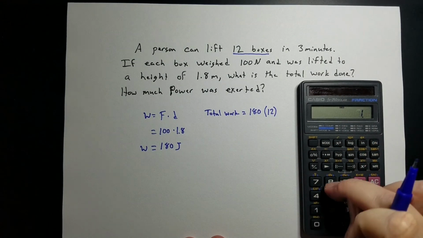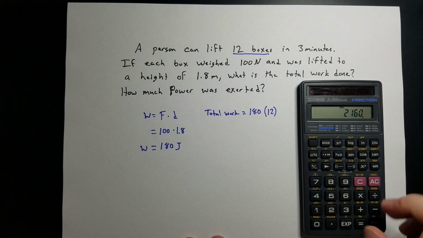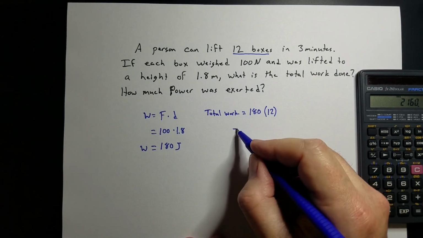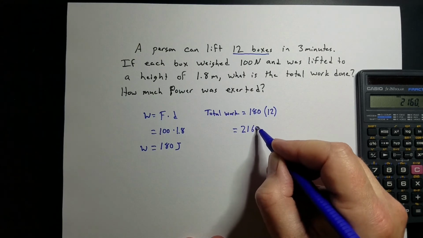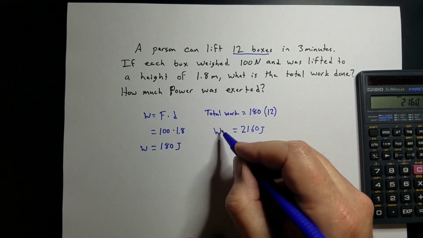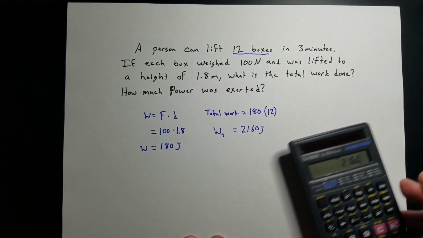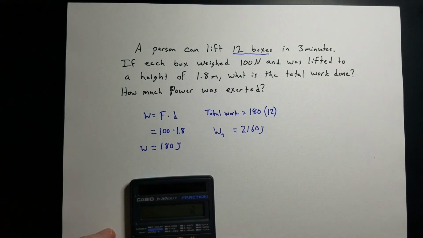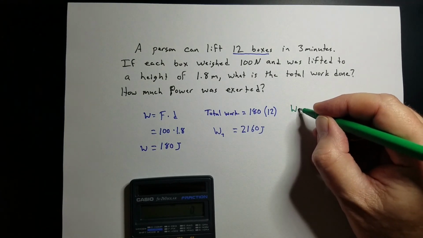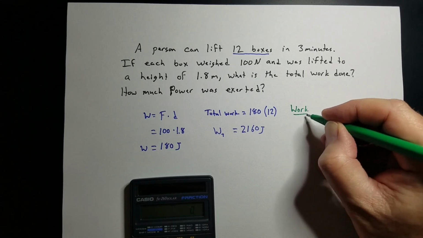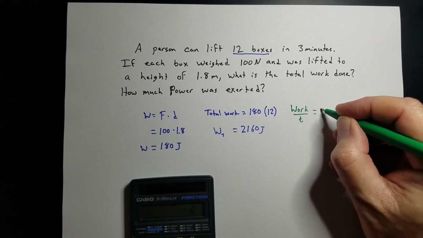So we're going to take 180 times 12, and that's the total work done is 2,160 joules of total work. Well, now we can figure out power, because power is work divided by time. So work divided by time will be my power.